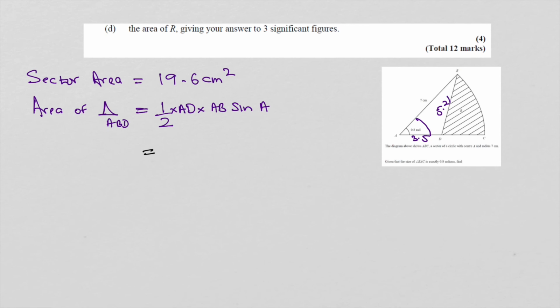So that will be equal to a half, AD is 3.5 and AB is 7, times sine 0.8.